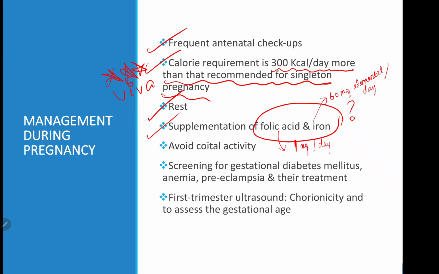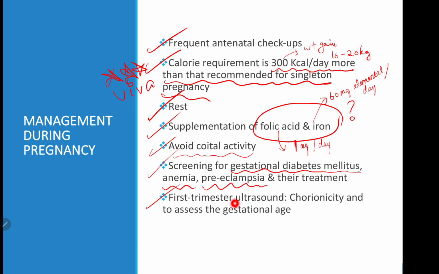Weight gain should be around 16 to 20 kgs. Avoid any kind of coital activity. Screening for gestational diabetes mellitus, anemia, and preeclampsia should be done and must be treated adequately.